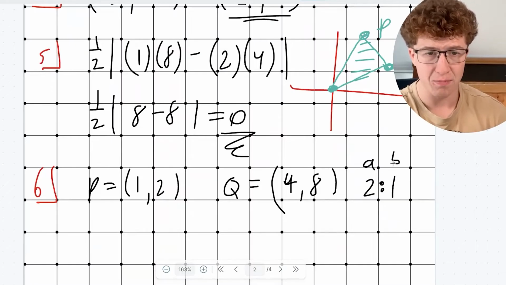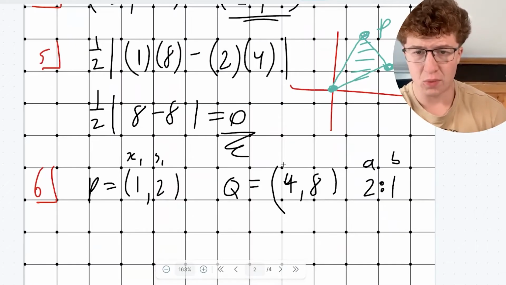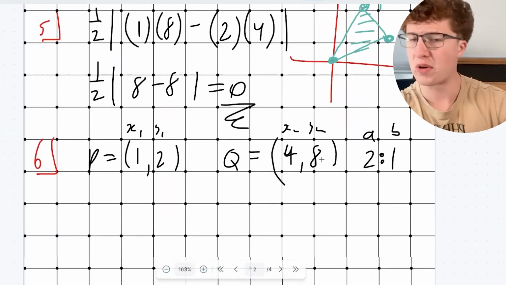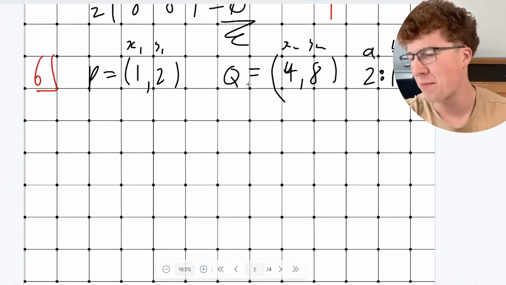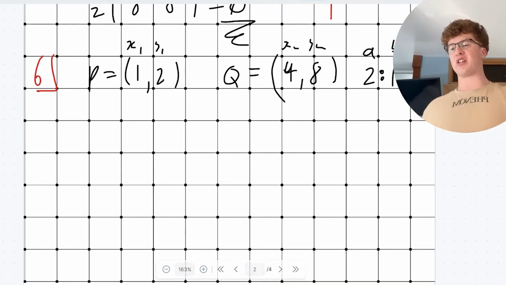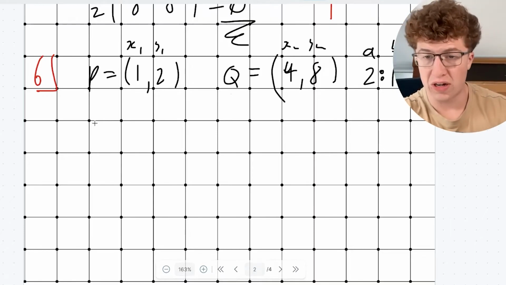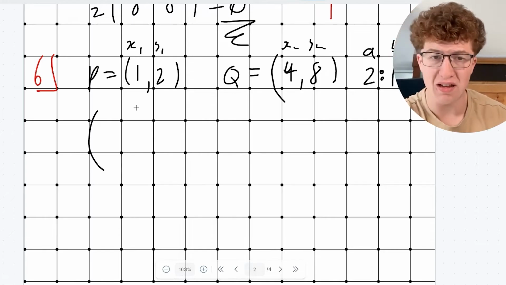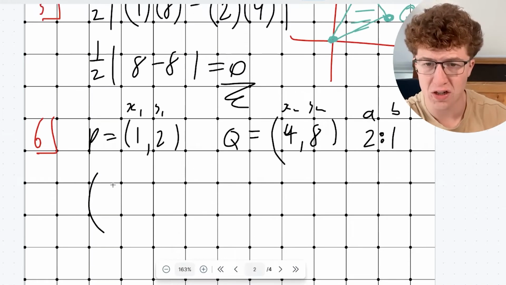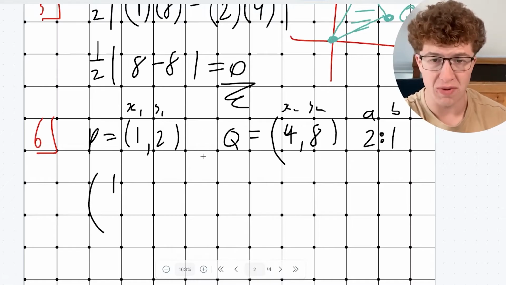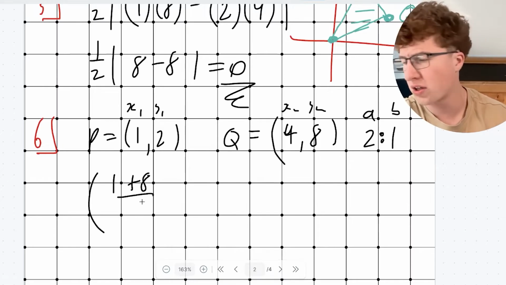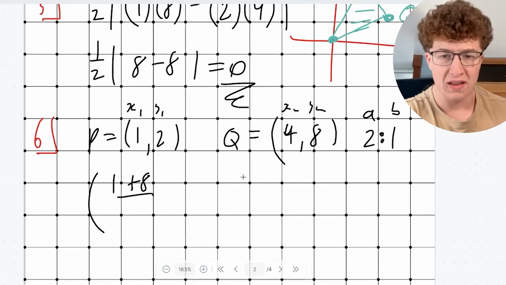So we have A here, B here, x1, y1, x2, y2. Now we just fill into the formula. If you forget, look in page 18 in the log tables, point dividing PQ into ratio A and B. So we're going to have coordinates. We're going to have B times x1. So that's going to just be 1 times 1, plus A times x2, which is going to be 2 times 4, which is 8, all divided by B plus A. That's just going to be 3.